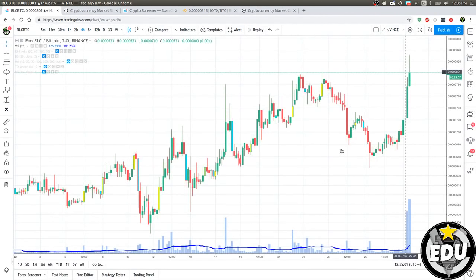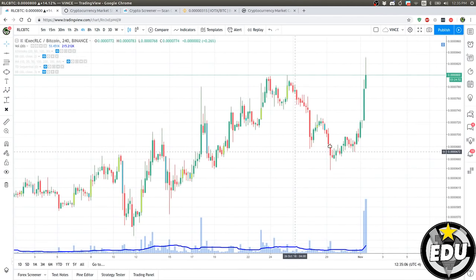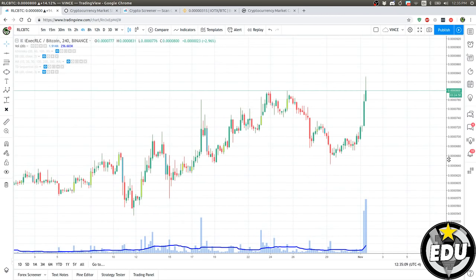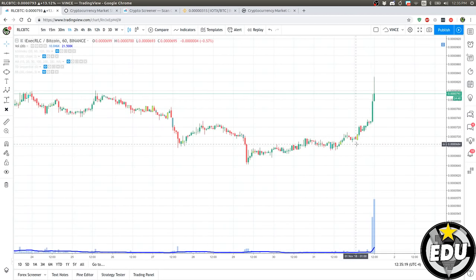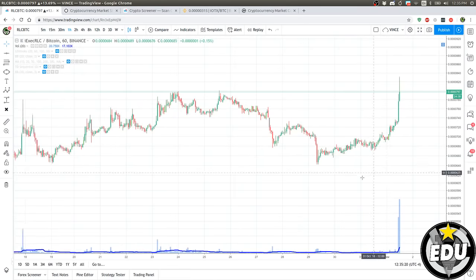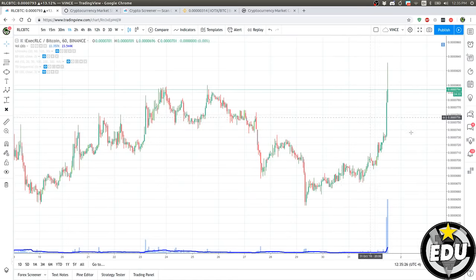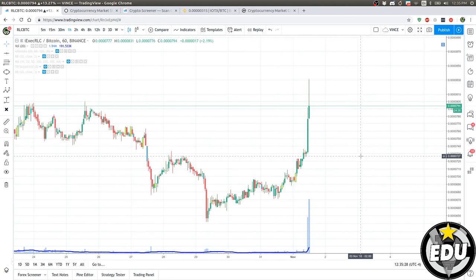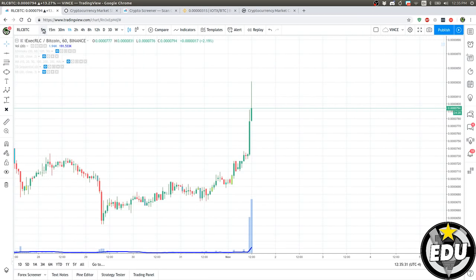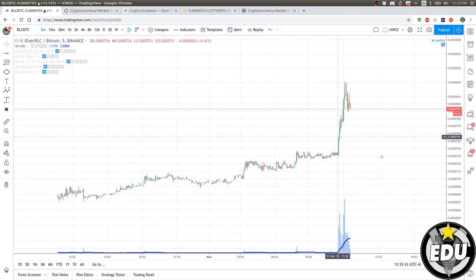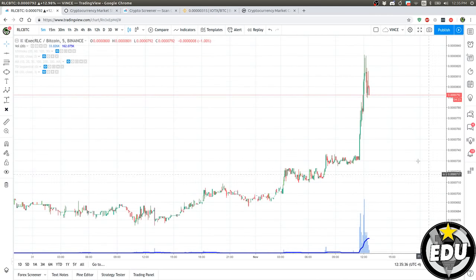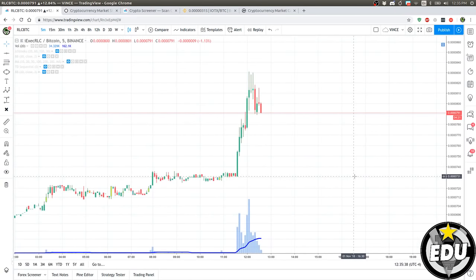I think this is worth mentioning for people who are trying to get into coins, not just for scalping. If you take that down to a lower time frame and look at the build up to this candle, you can use those techniques that we've used.